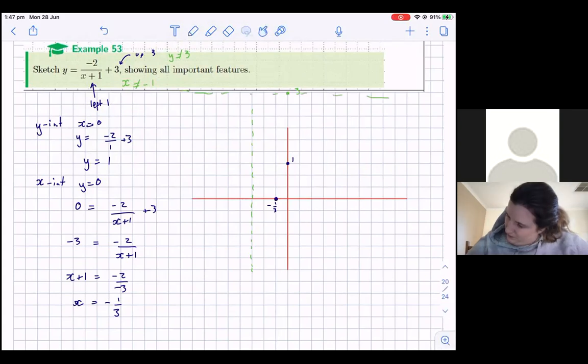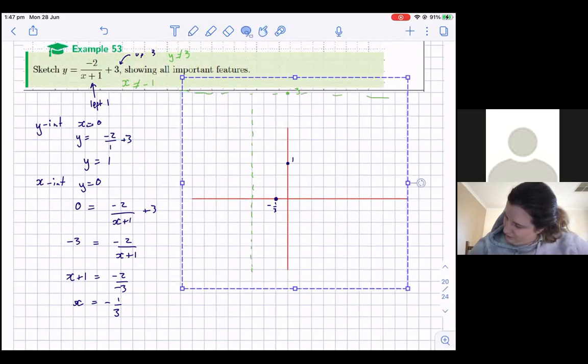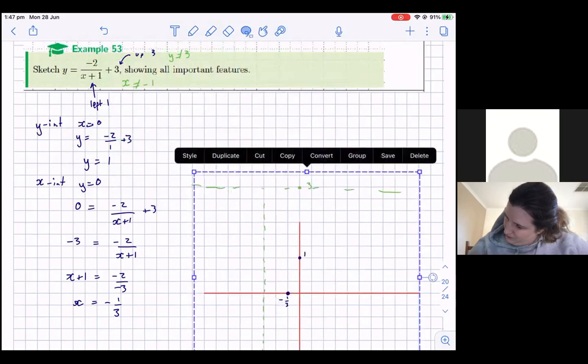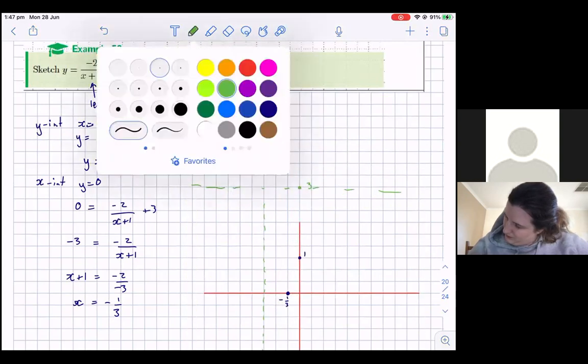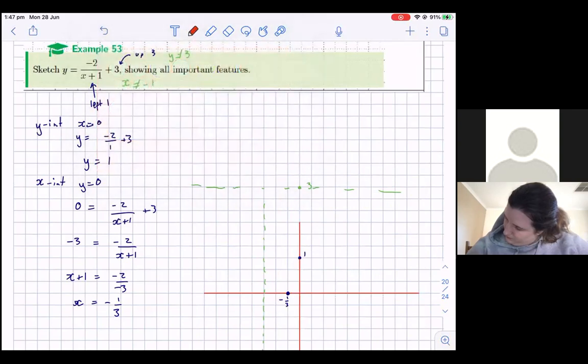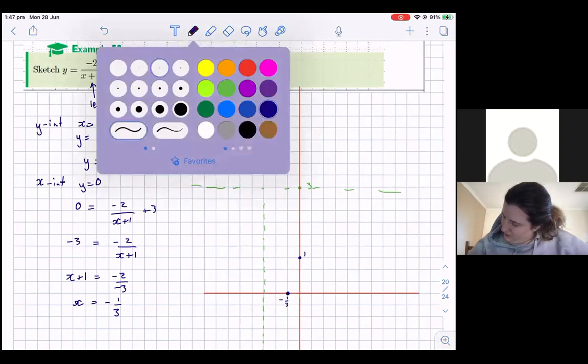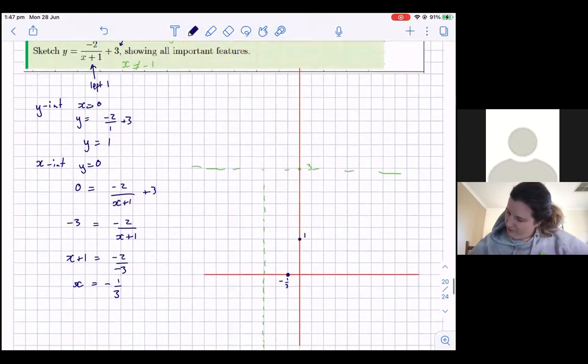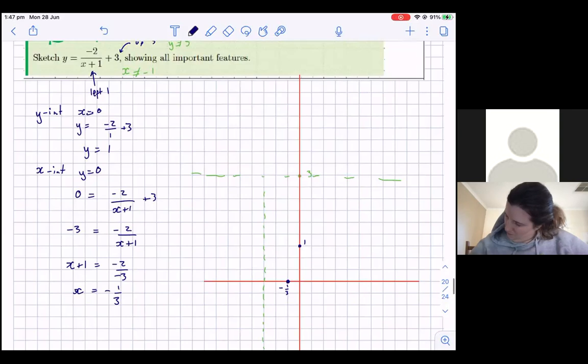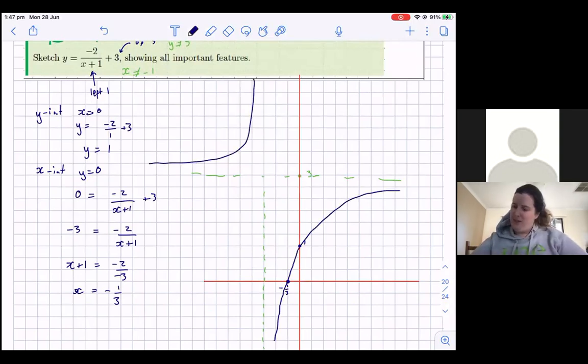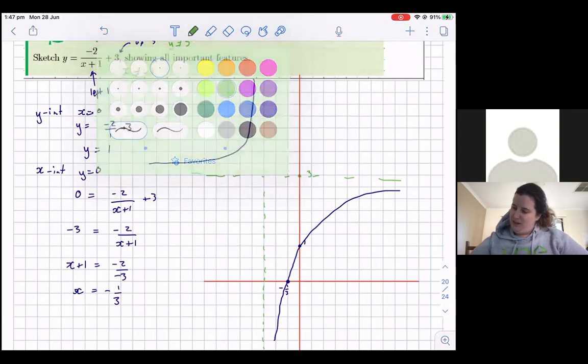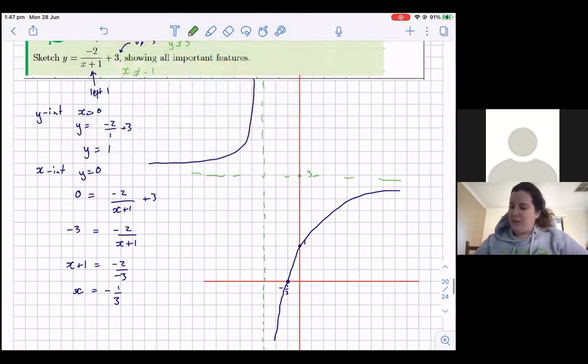Here's me automatically, and I always do this, and I always regret it when I do it. Pretend I'd hit either of those. And this one must go that way. So that's why I used Desmos to sketch.